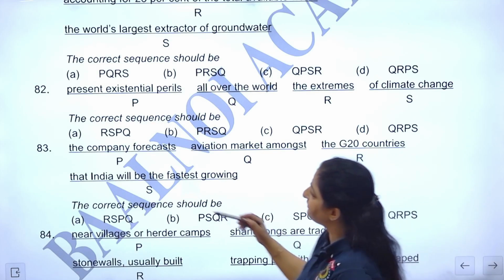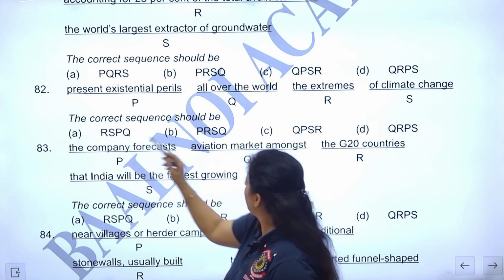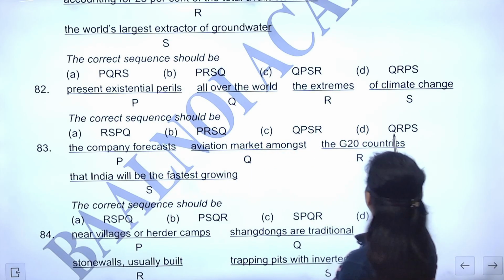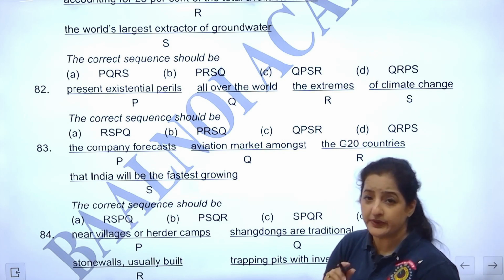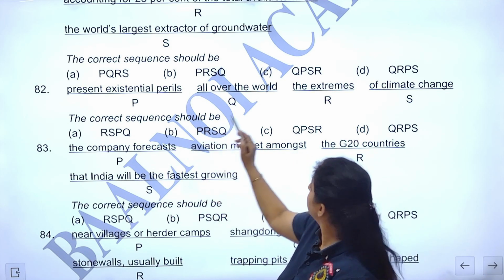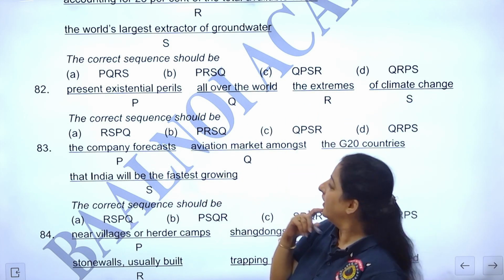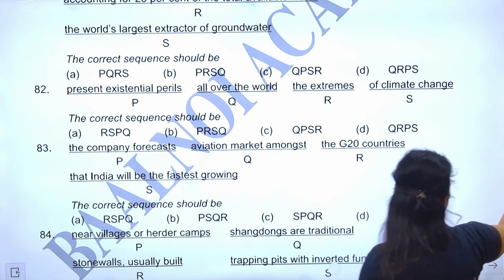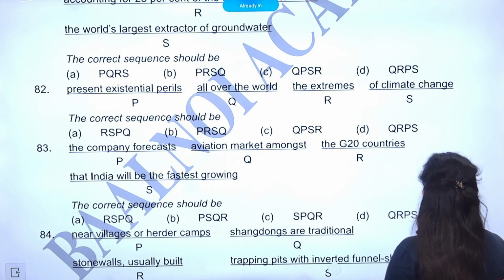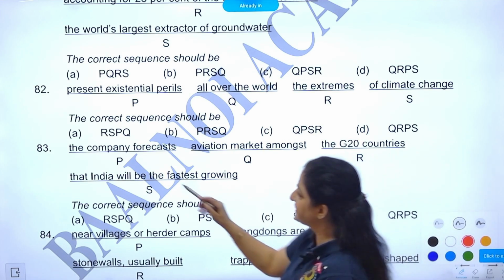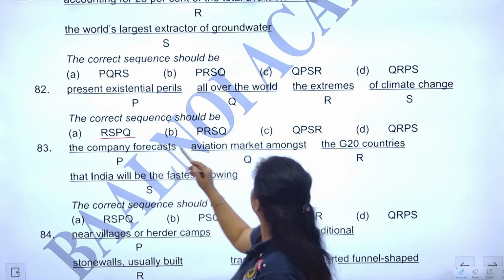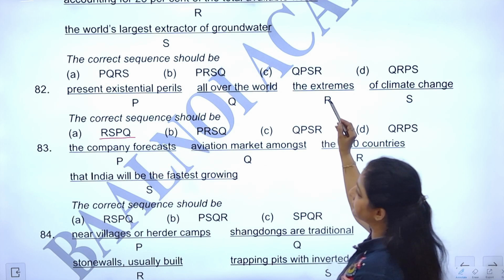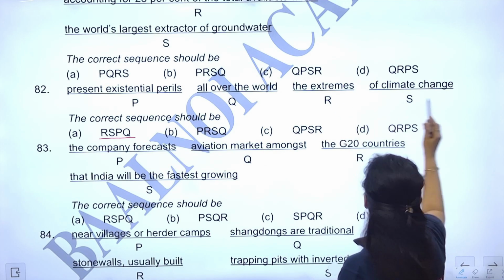Let's read this. It's beginning with R, P, Q, and Q. Okay. So it means we cannot begin with S. We will not start with S at all. So let's read this alpha. R, S, P, Q. The extremes of climate change.